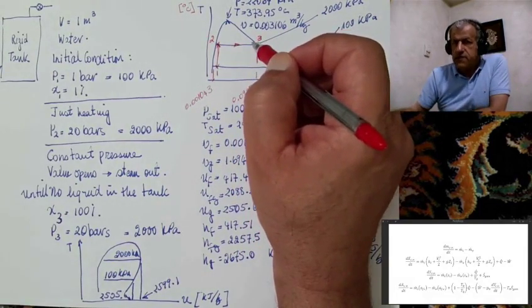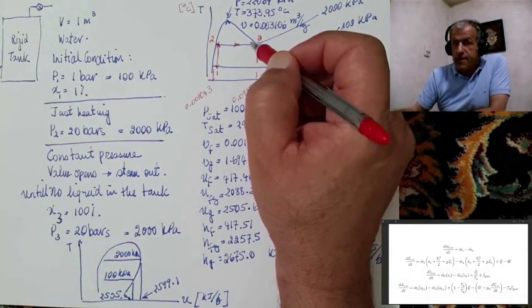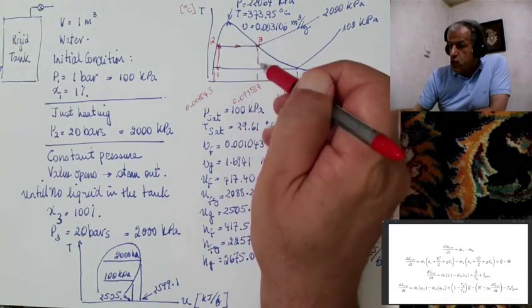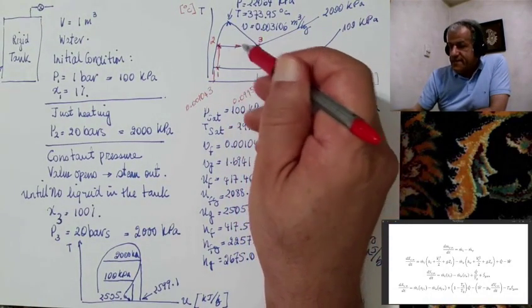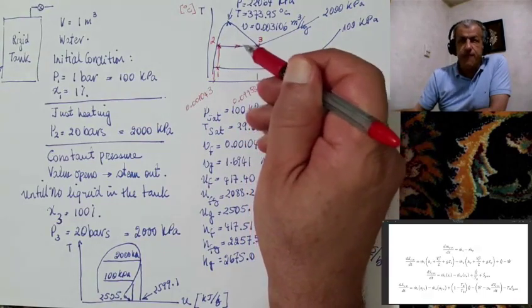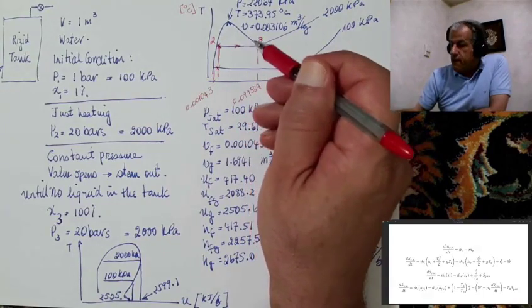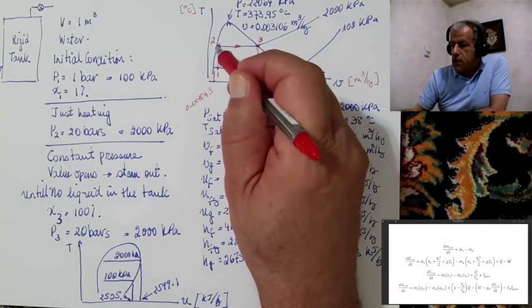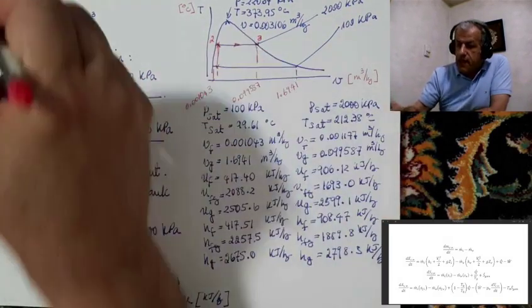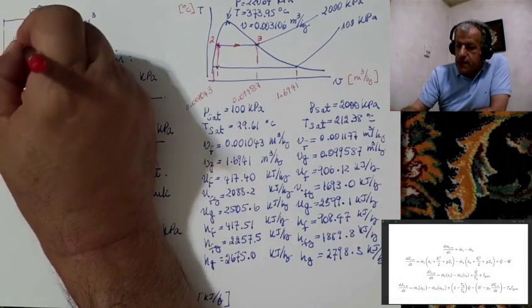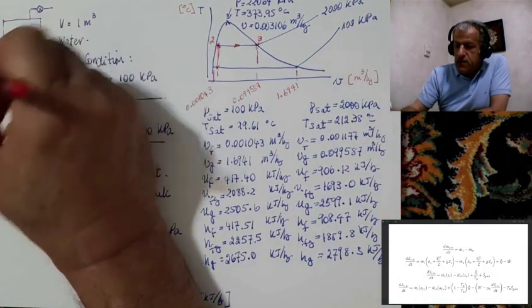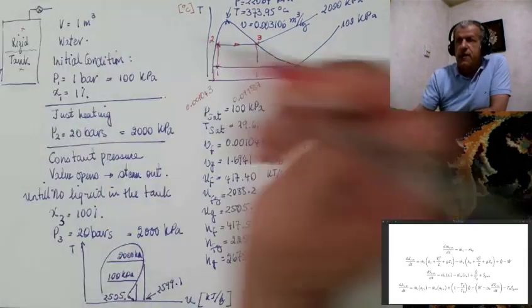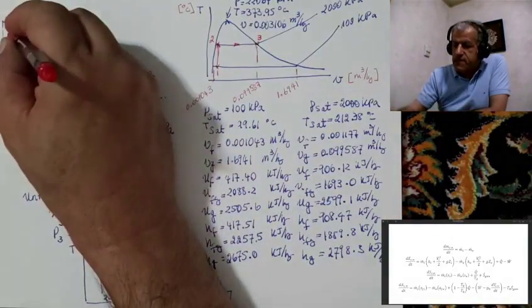Look, it's very important to note that no mass is inside this curve. All vapor is here, all liquid is here. I mean, if you draw a line here, liquid is here and vapor is up there.